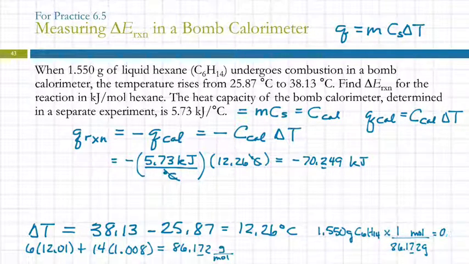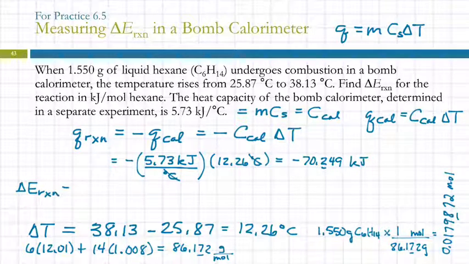Okay, there's just not enough room there. 0.0179. I need 3 sig figs here. Actually, I need 4 sig figs. Take that back. 1798. There's 4 sig figs. Carry 2 extras. 72 moles. So the heat of reaction is equal to the amount of energy released divided by the moles of hexane.